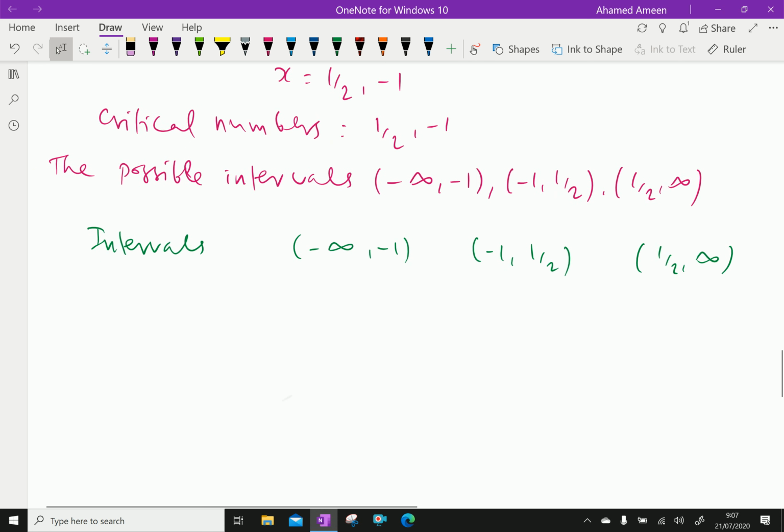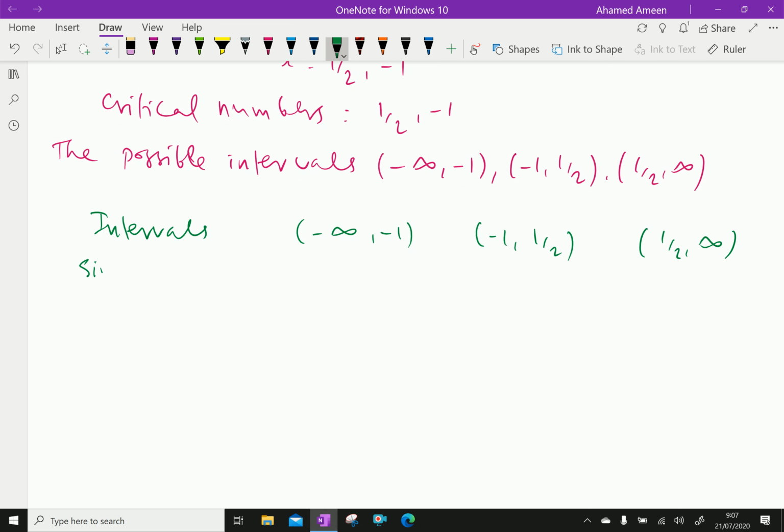Now the sign of f dash of x. Between minus infinity and minus 1, let us take, say, x is minus 2.